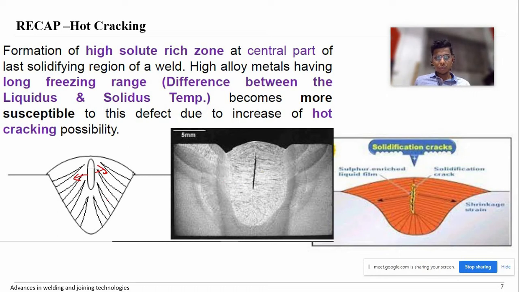Sometimes, if I am welding steel that is enriched with sulfur, these kinds of cracks will be seen easily. Sir has also discussed that sulfur-rich alloys have more solidification cracks compared to those with manganese. If the alloy has manganese, then solidification cracking is considerably less. Okay, this is about hot cracking.